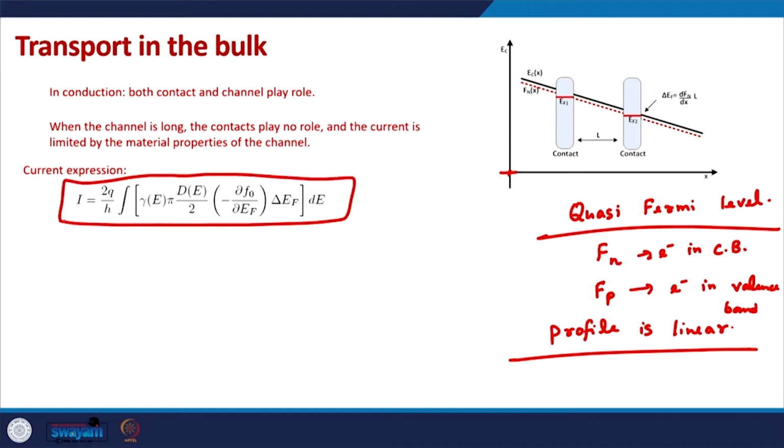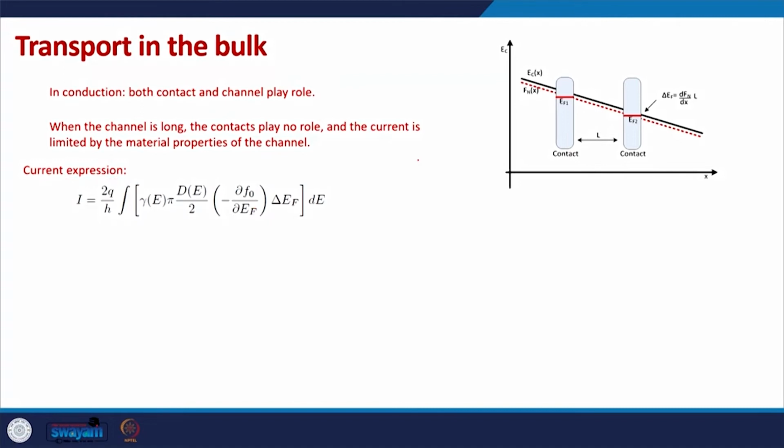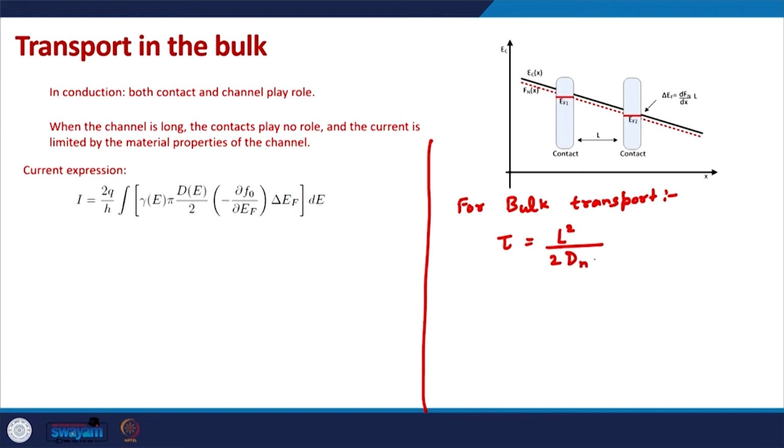In any material we have I equals 2q by h, gamma, pi, D by 2, minus del f by del E, times delta EF, dE. Now for the bulk transport case, tau is essentially L squared divided by 2 Dn, where Dn is the diffusivity or diffusion coefficient, because a bulk is essentially a diffusive conductor.